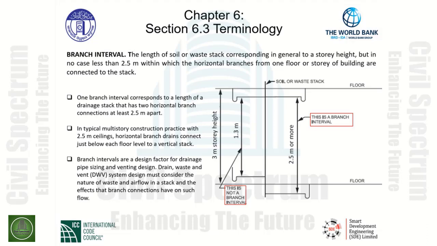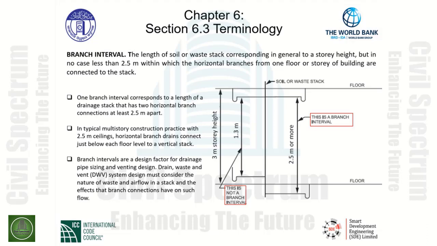As seen in the graphic to the right, we have 2 different floor levels. Based upon these 2 different floor levels, we are concerned whether the piping arrangement indicated on both sides of the soil or the waste stack is considered a branch interval.